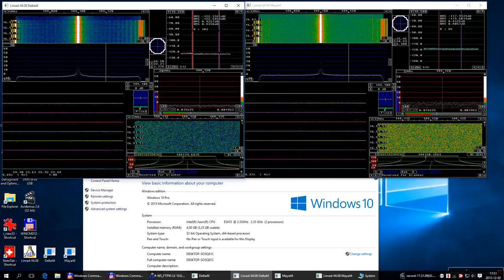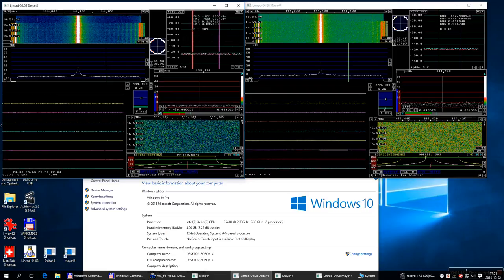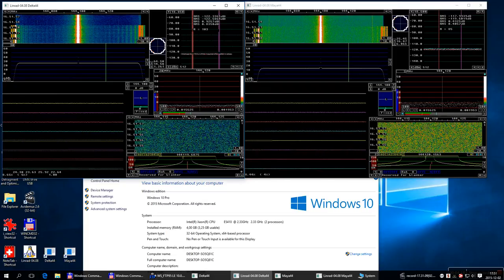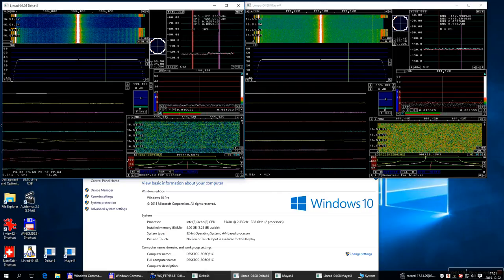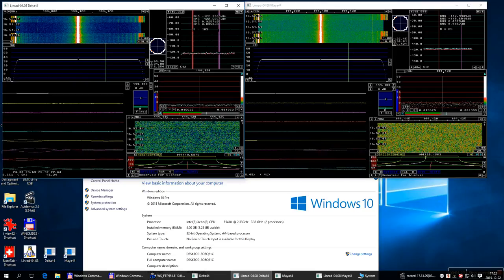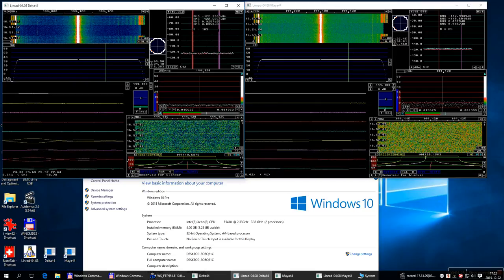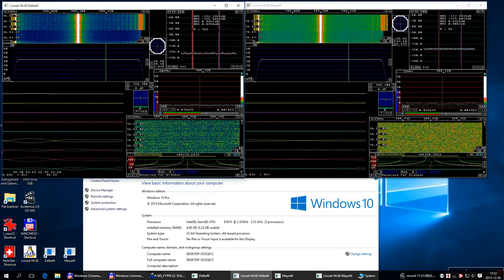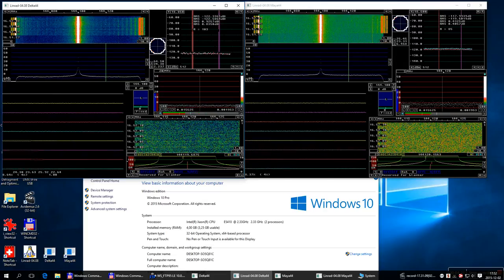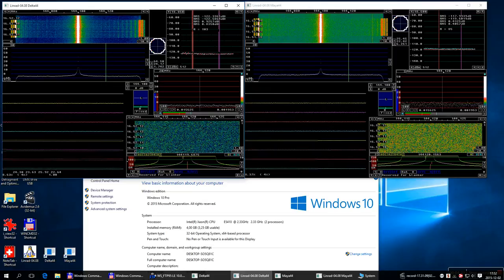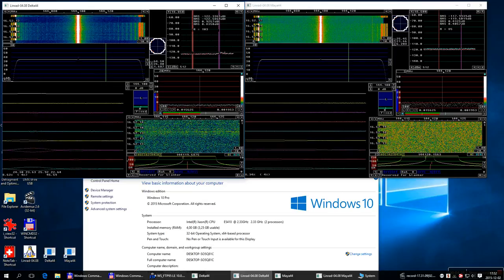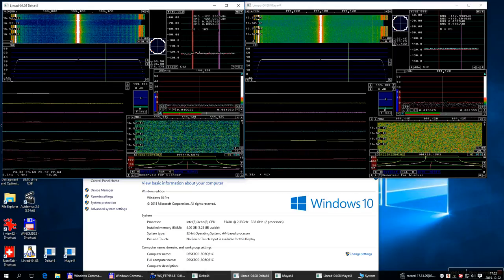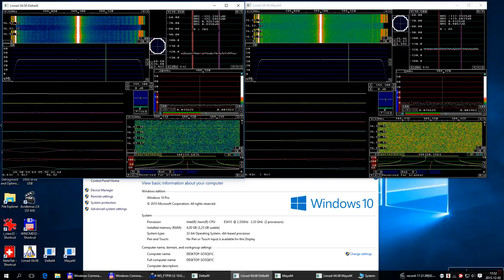And as you can see, it makes nearly no difference in the waterfall or in the baseband or in the S meter. But it makes a huge difference on the main spectrum, is it 40 dB or something, 45.